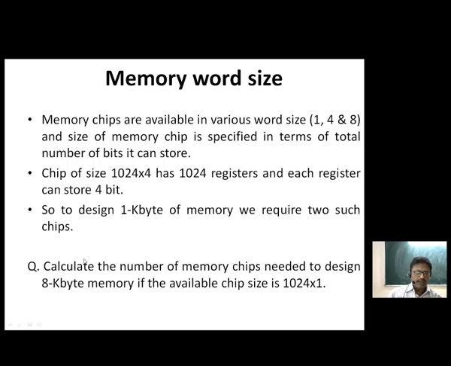Now there is a formula to calculate the number of chips needed to design 8 kilobyte of memory if the memory chip size is 1024 into 1. So we have to design 8 kilobyte. What does it mean?